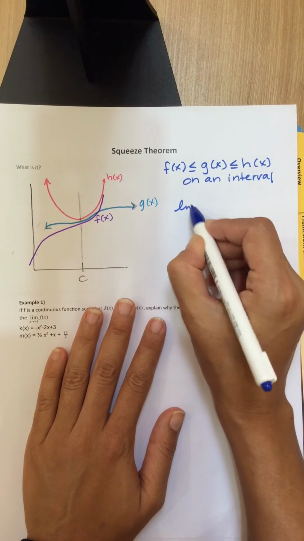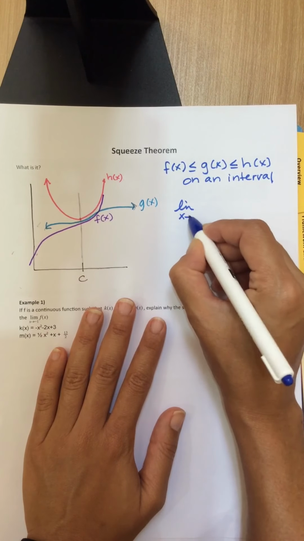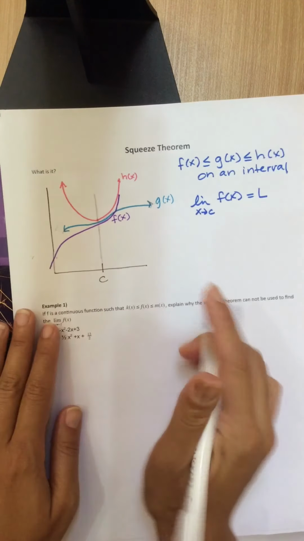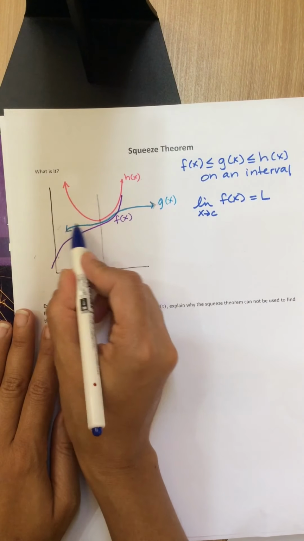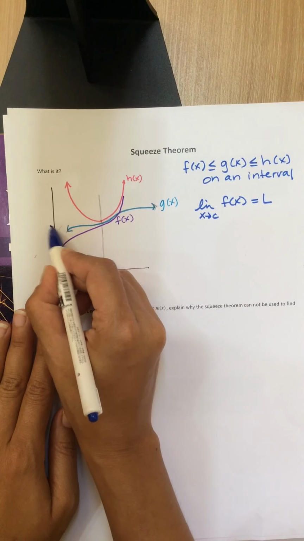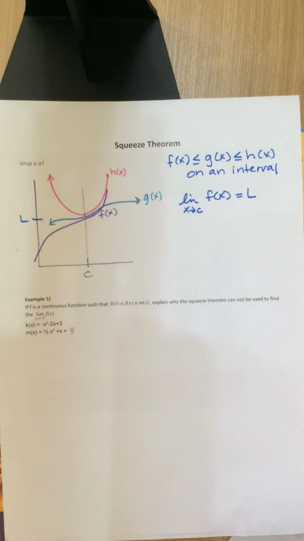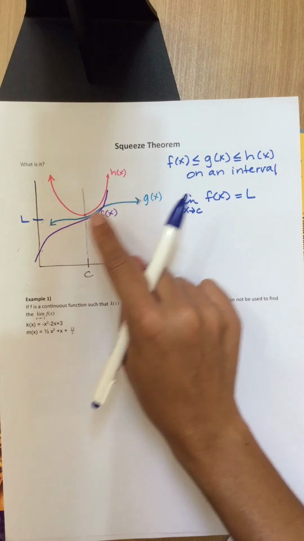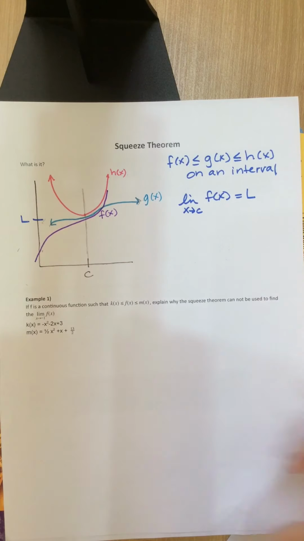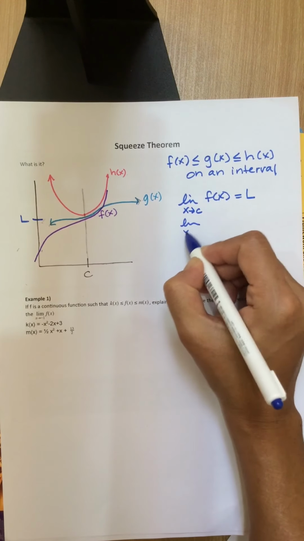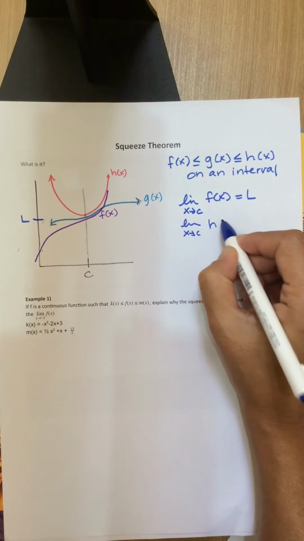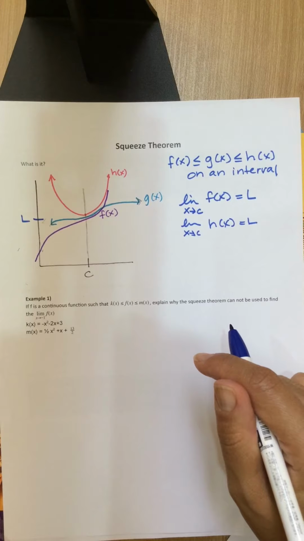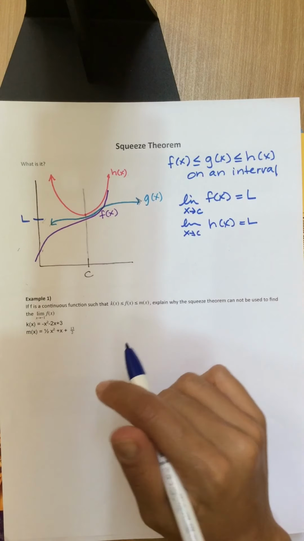So now let's say the limit as x approaches c of f of x, I don't know, let's call this number L. Whatever it is, it's approaching L. So the value of the limit as x approaches c of f of x is L. And the limit as x approaches c of h of x is also L. Then we can make a statement now of g of x.